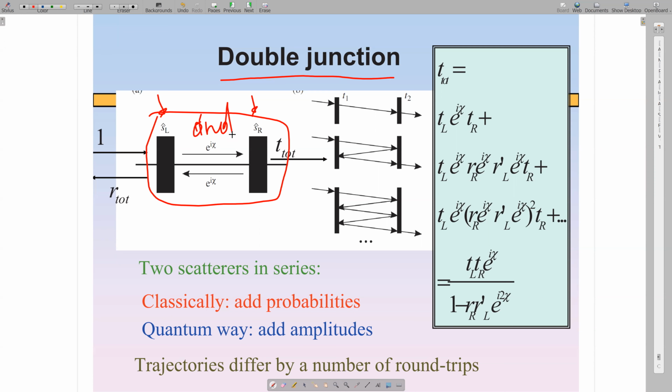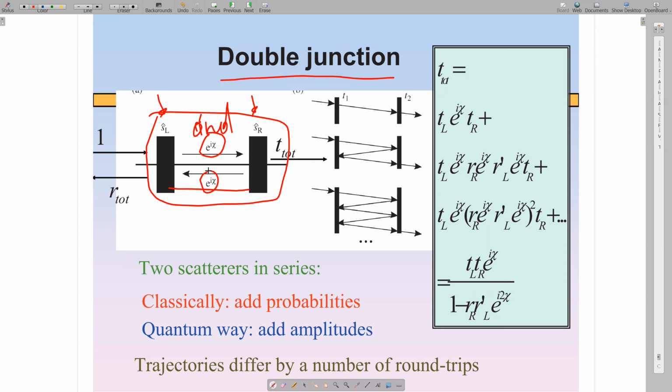When we combine these scatterers, in the space between them no scattering could take place, but electrons going there can accumulate phase factors. So I have at the moment dynamical phase only. There are phase shifts accumulated along these paths.